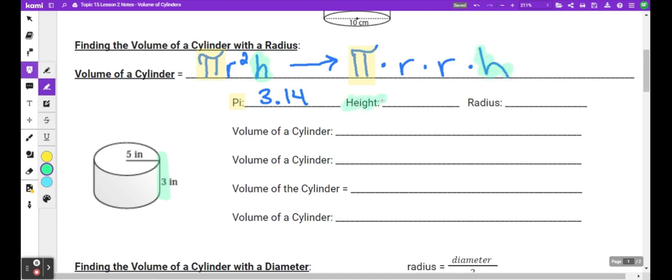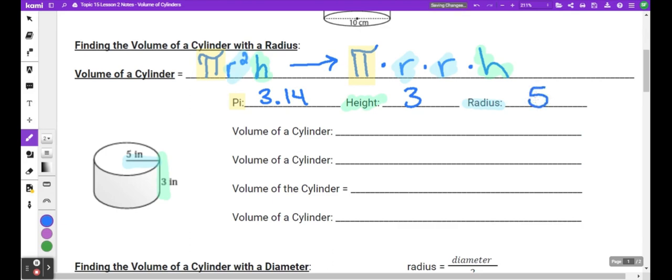Let's highlight all that in green. And then the radius of the cylinder we can see is 5. Remember, the radius goes from the center of the circle to the edge of the circle.